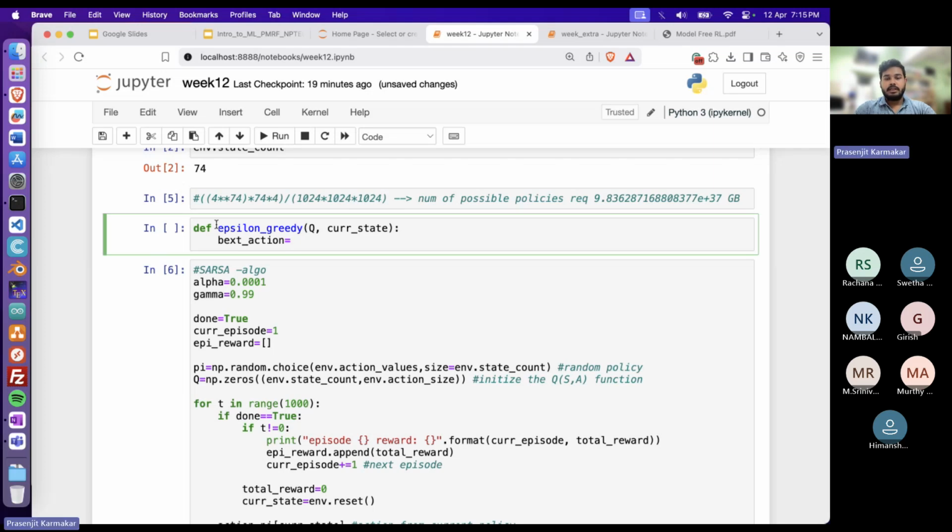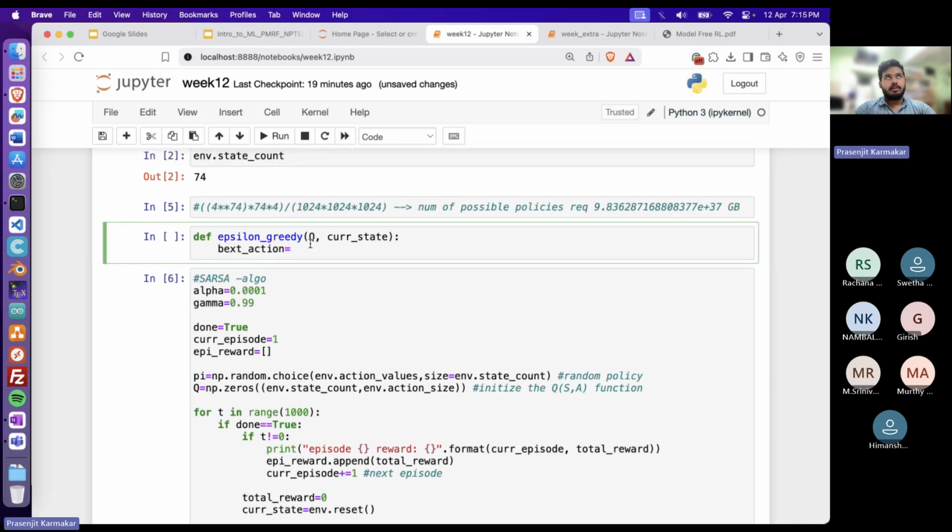I also have to give it the action space. The best action I can take by just going argmax over Q.